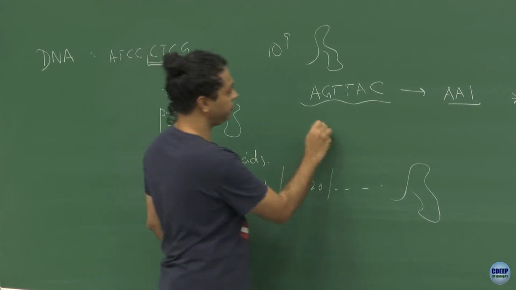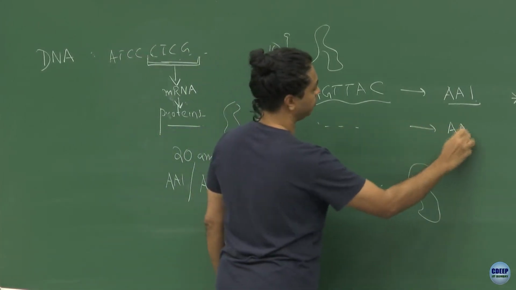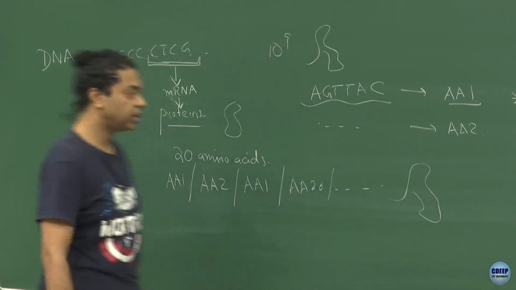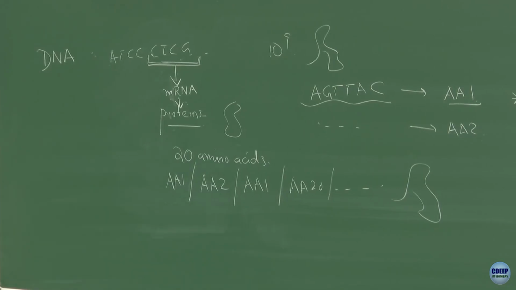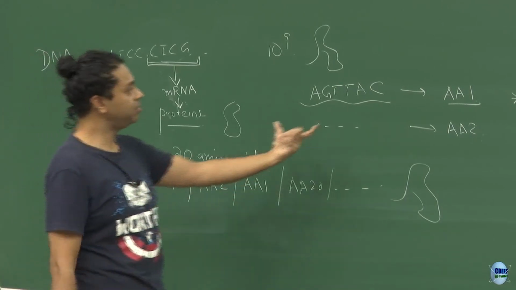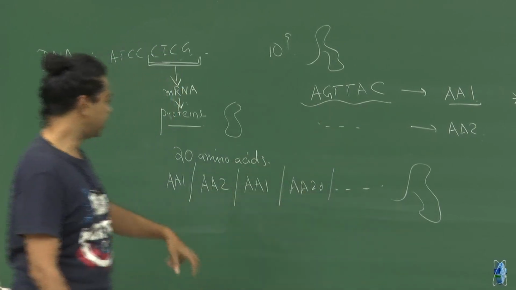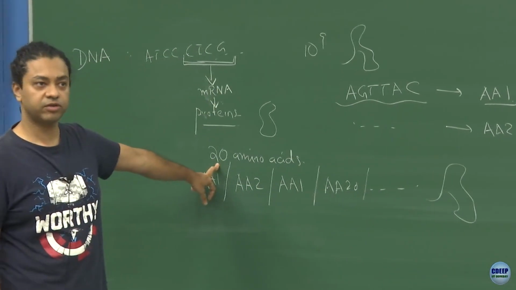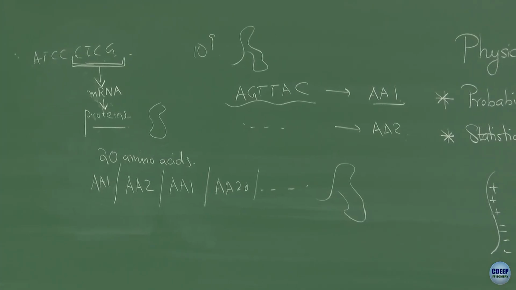If it sees a different sequence, it produces amino acid 2 and so on. Now, what I want to ask is what is the minimum length of this sequence such that you can code for 20 amino acids, just pure elementary probability.